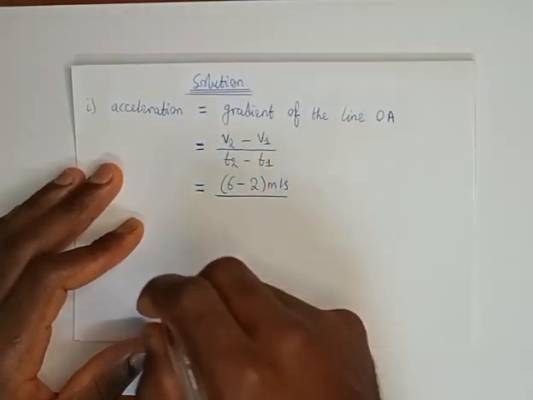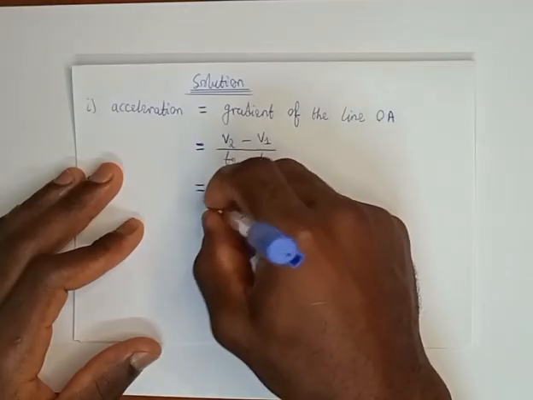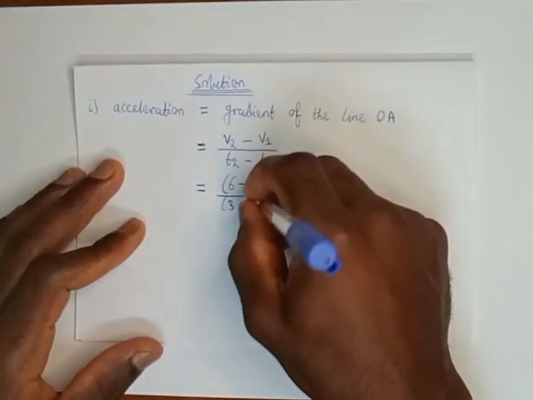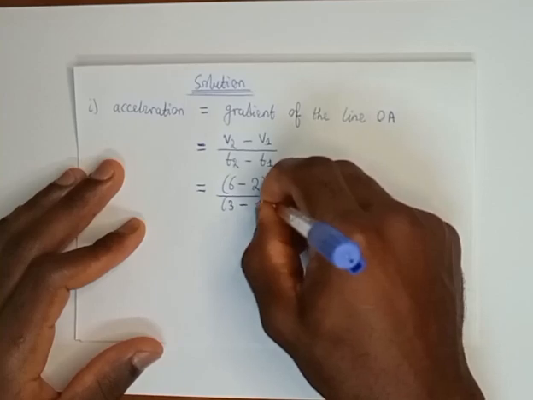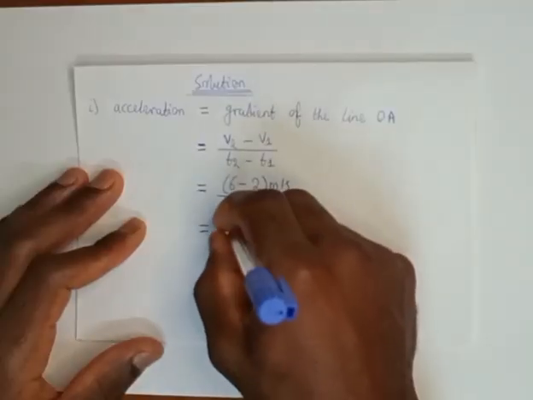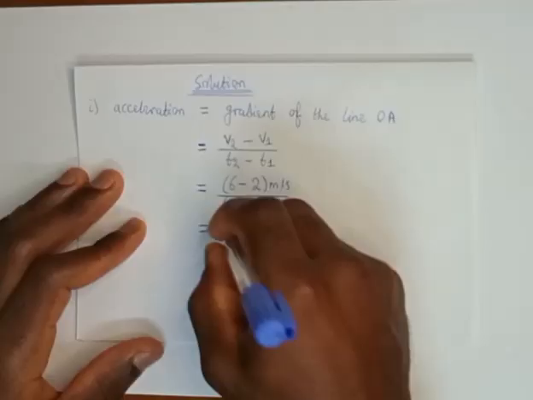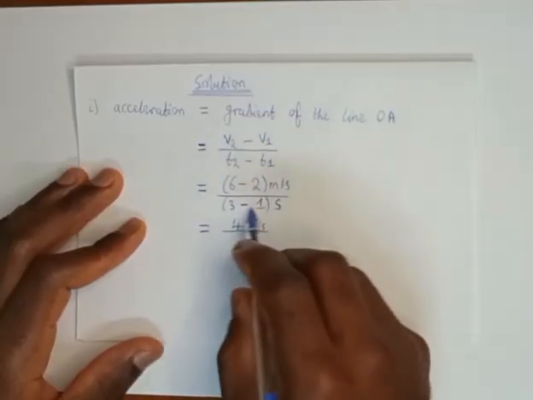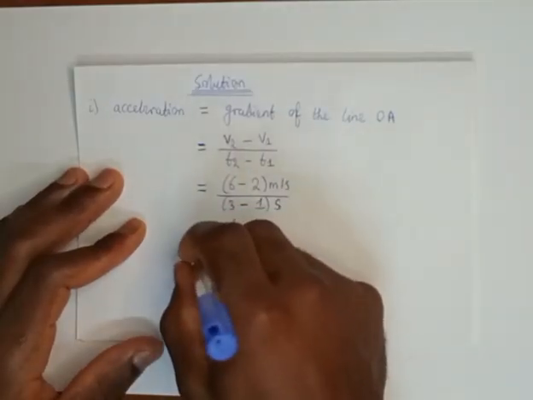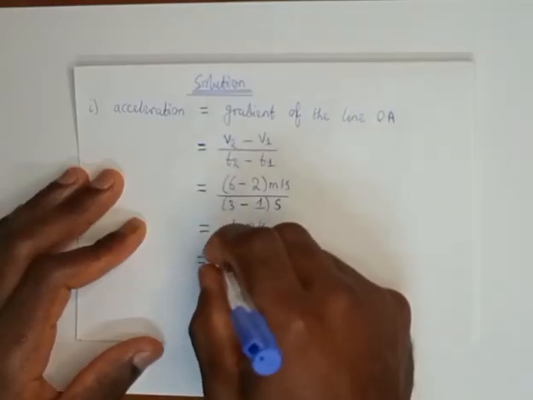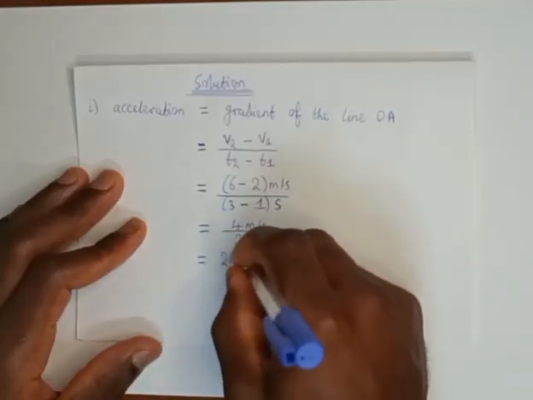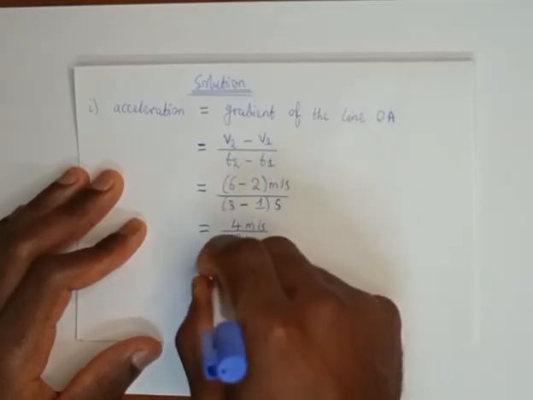We divide this by T2, which is 3 seconds, minus T1, which is 1 second. So 6 minus 2 gives us 4 meters per second, divided by 3 minus 1, which is 2 seconds. So 4 divided by 2 gives us 2 meters per second divided by seconds. It gives us meters per second squared.